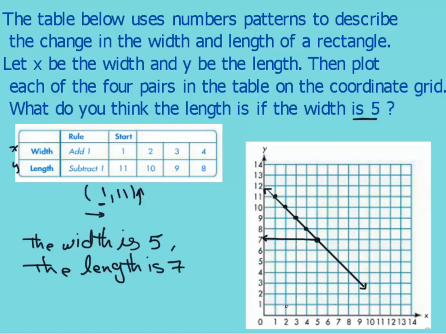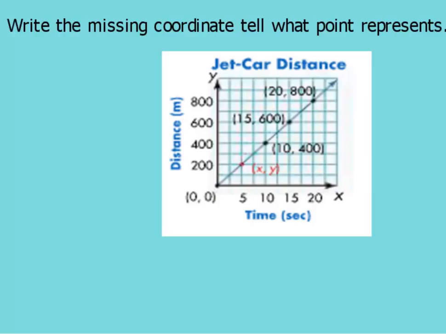This is the way to find any missing point, if you know one of the two coordinates. He said width is 5, the 5 is here, then move up until you touch the line, then look to the right, or you can count 1, 2, 3, 4, 5, 6, 7. This means the length here is 7. Now we'll move to the next one.